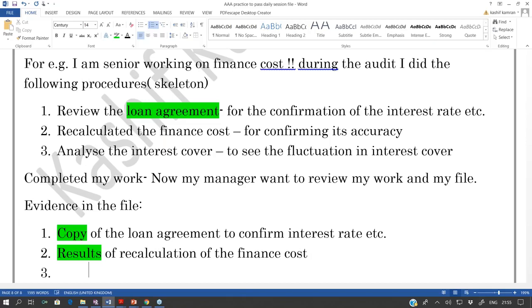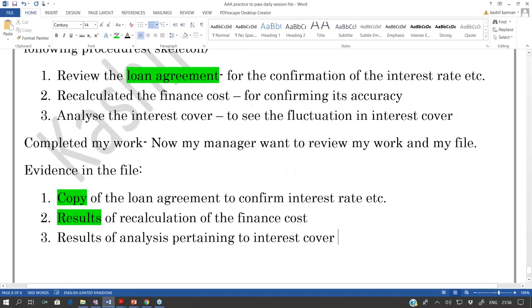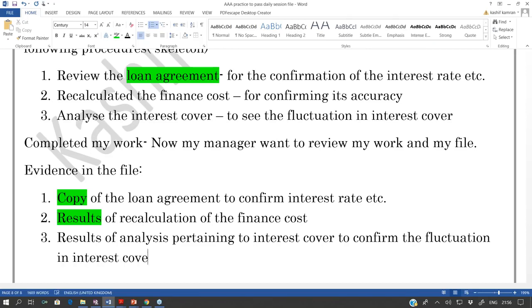So again, I will have the results of analysis pertaining to interest cover, to confirm the fluctuations in interest cover. So again, the results, right?